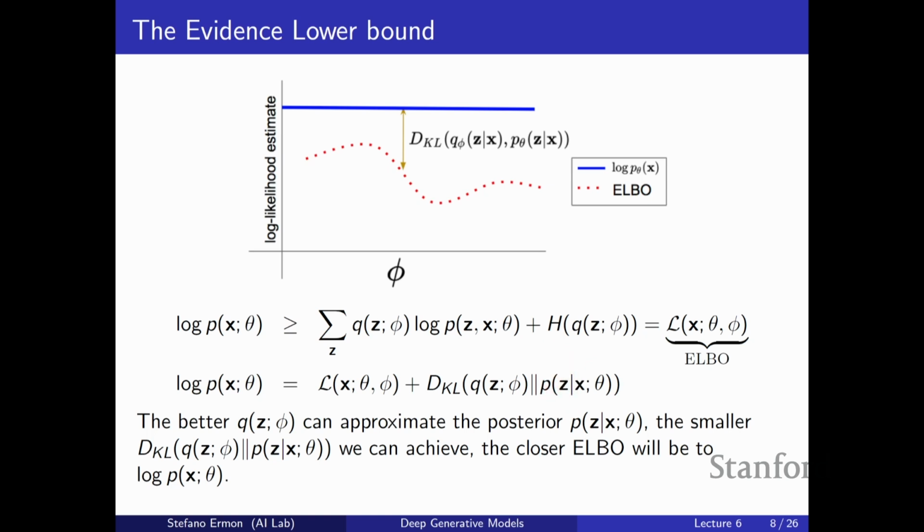It's going to be close, hopefully, because if you've done a good job at optimizing, this KL divergence is going to be small, but there is no guarantee, because perhaps the true posterior is too complicated and your Q is too simple, so you might still be far off. But there is certainly an interplay between the two in the sense that at optimality, this KL divergence should be zero, and so they should match.